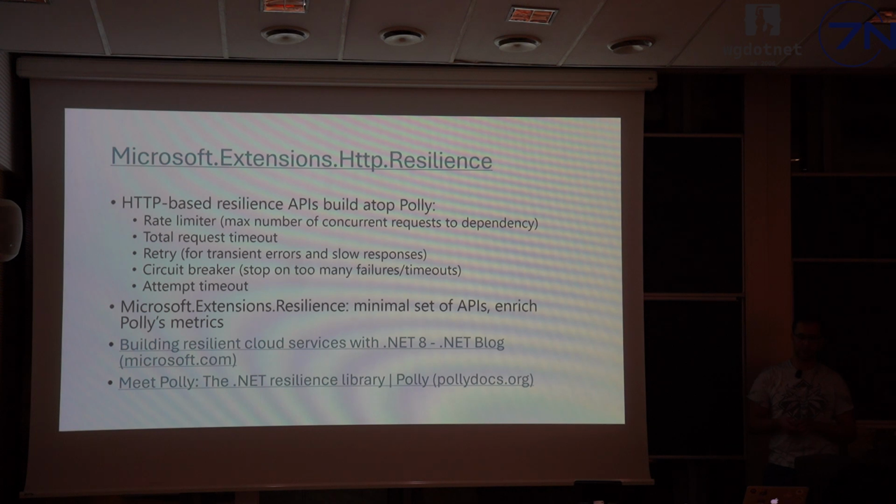And one of my favorite additions, Microsoft Extensions HTTP Resilience. So during .NET 8, Microsoft has cooperated with Polly, an open source project. We have contributed some performance improvements, some API design ideas. Thanks to that, Polly has released a new version, and we have released new packages that are built on top of Polly. This package for HTTP Resilience allows you to set a rate limiter, which is the maximum number of concurrent requests to a given dependency.